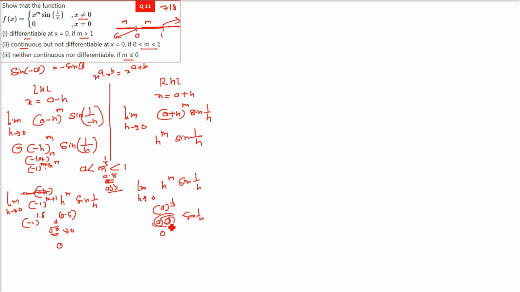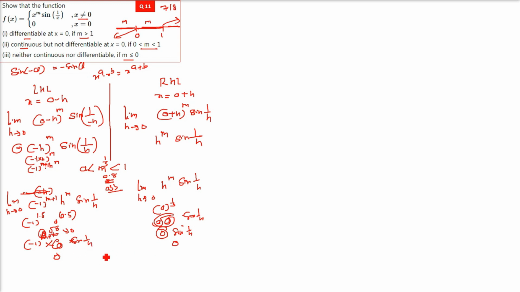So whatever is there after this, sine 1 by h, it will be 0. Now sine 1 by h is already there, and minus 1 to the power 1.5 is also there, m plus 1 you can just write. That doesn't matter. Why? Because sine 1 by h has a value between minus 1 and 1, so multiplied by 0 with any of it, it is going to give you 0.